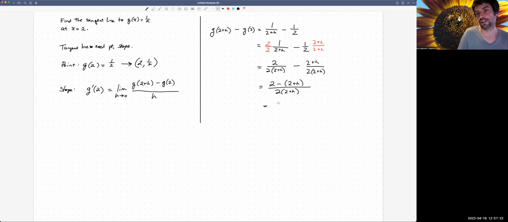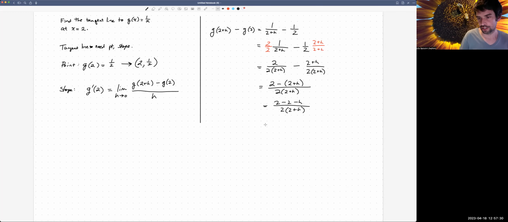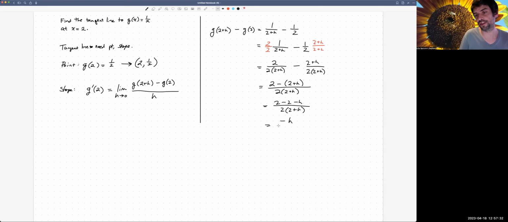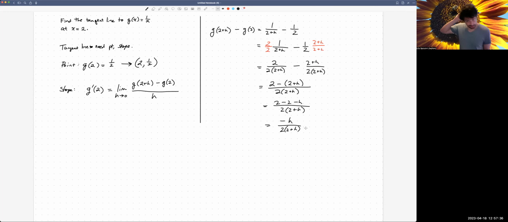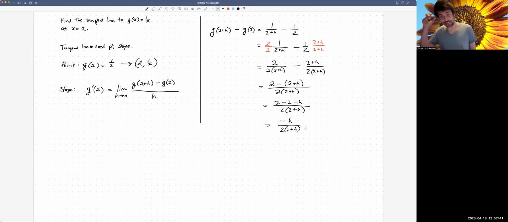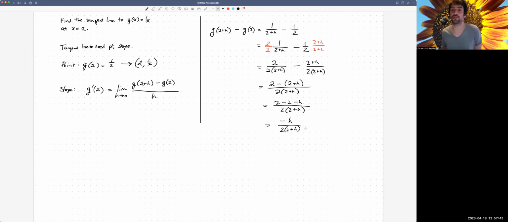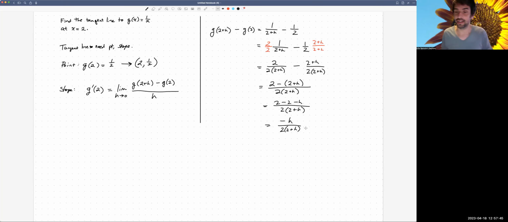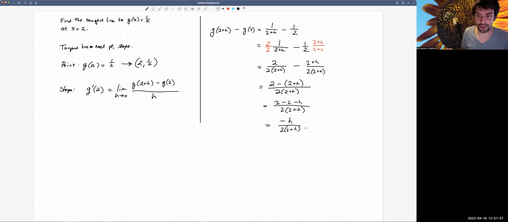So we've got 2 minus 2 minus h, which gives us negative h over 2 times 2 plus h. This is starting to look good because I see that I have a factor of h now.